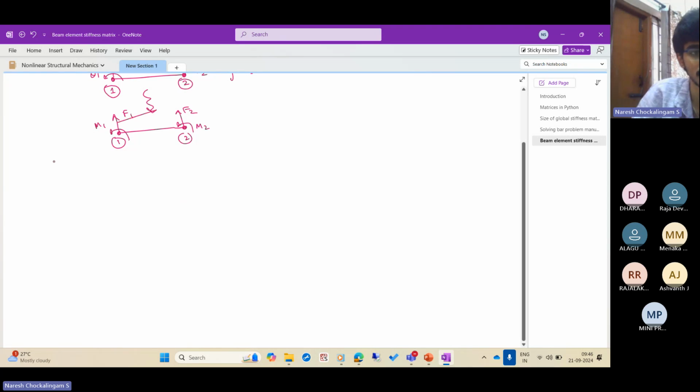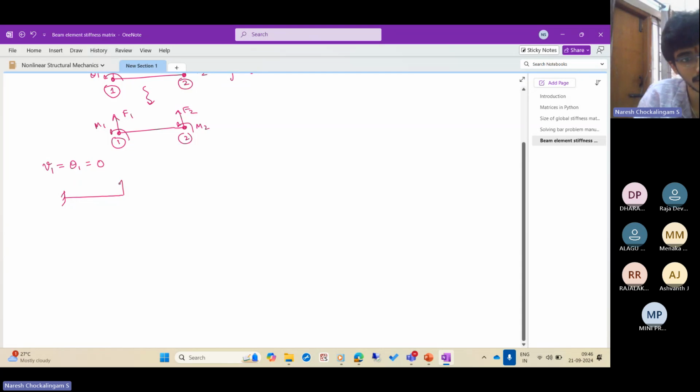So let's take one at a time. Suppose we set V1 equal to theta 1 equal to 0. What do we get? We get a cantilever beam with what applied?